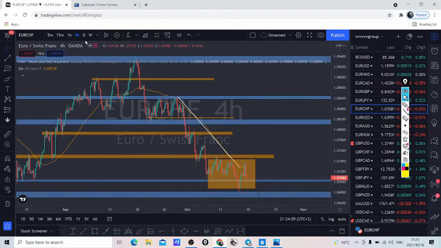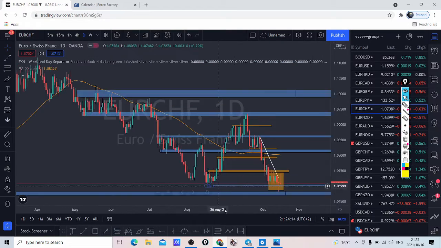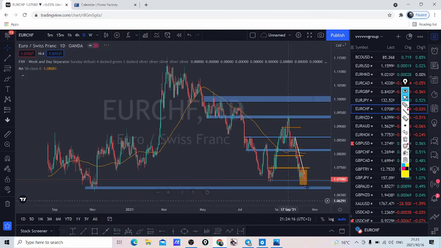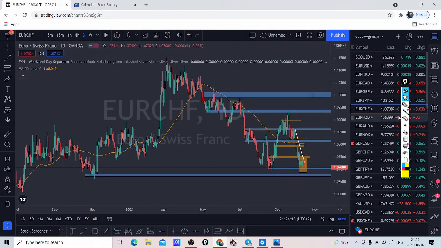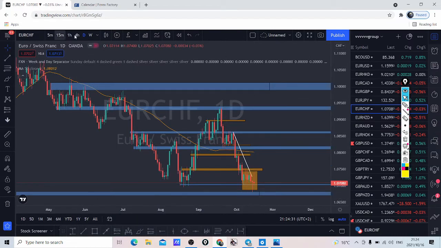All right, let's look at this one, Euro Swiss. So here, guys, we are approaching the big support here, big support, double bottom, then we might see a change of direction, but I won't be taking a sniper entry here.